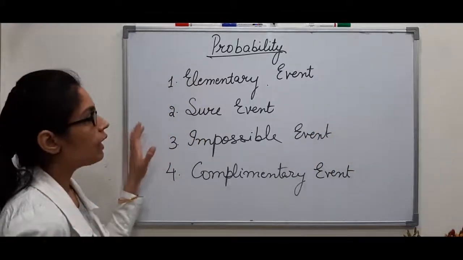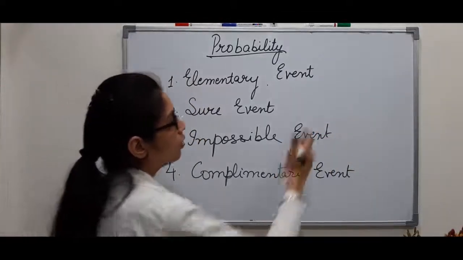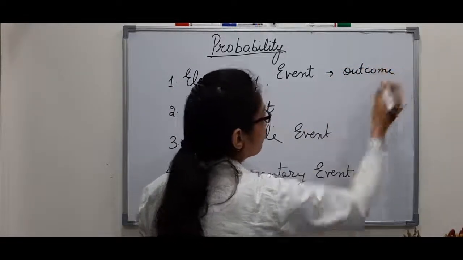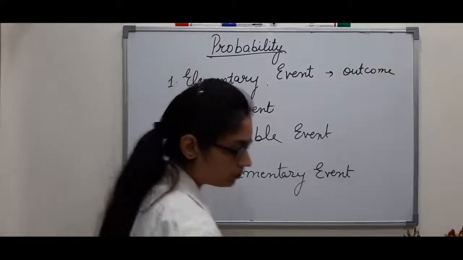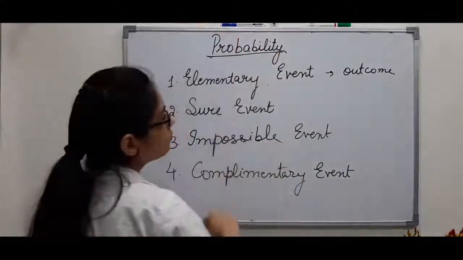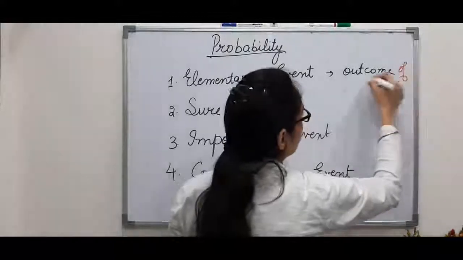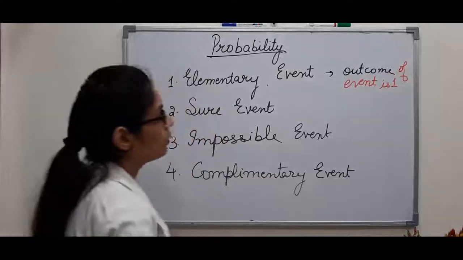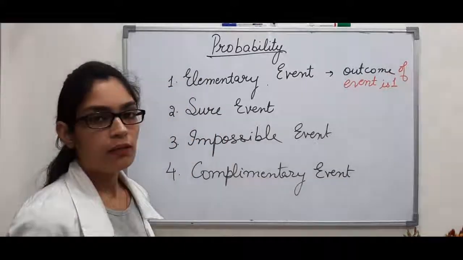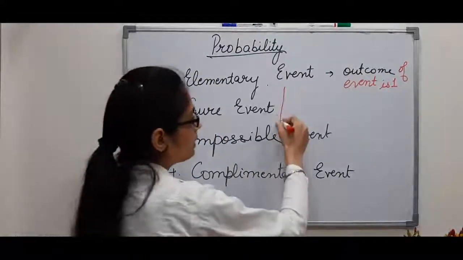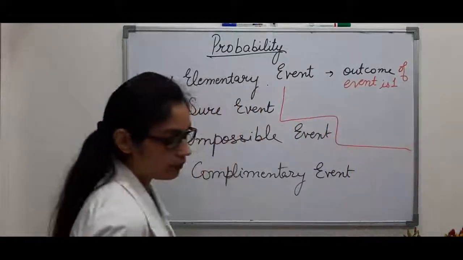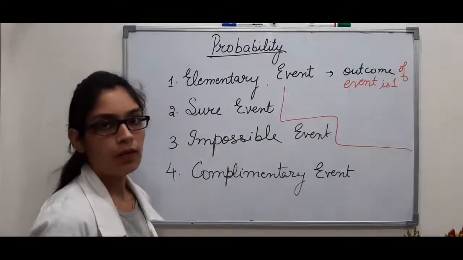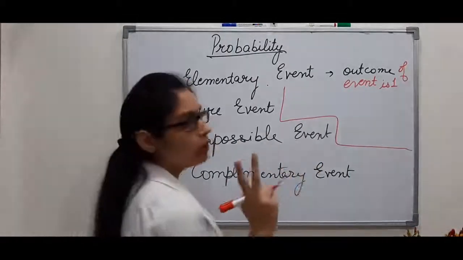Elementary event. Elementary event is when the outcome of an event is 1, which means again we will take the same example, the example which we have taken previously. Example of rainy day. In rainy day we have seen we have 2 events.